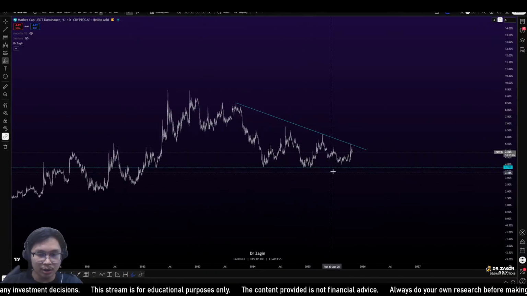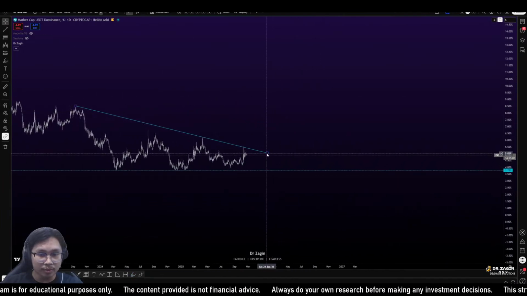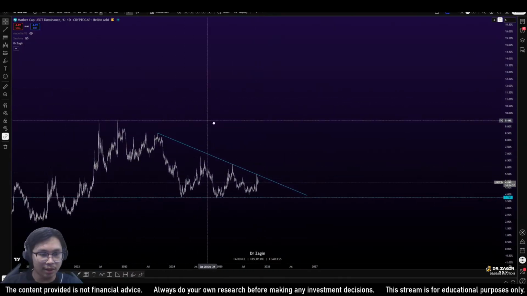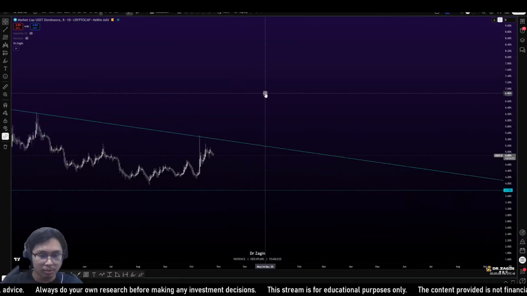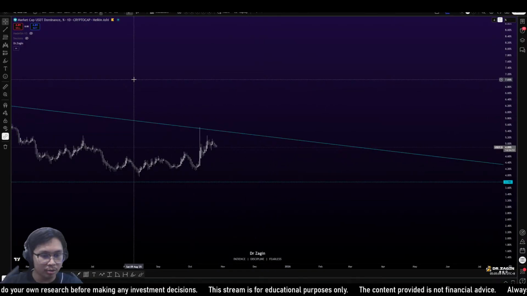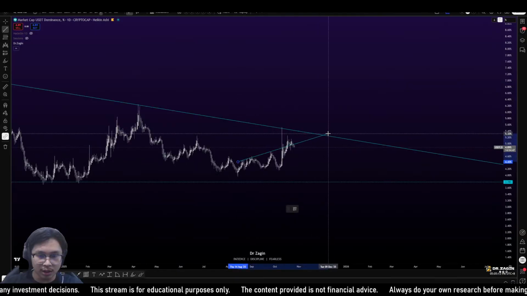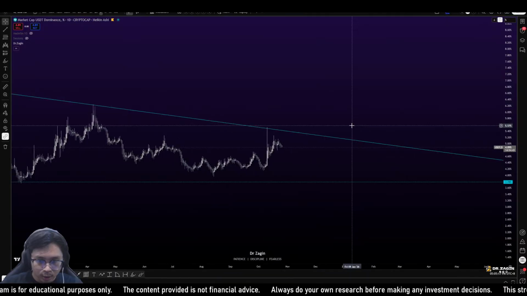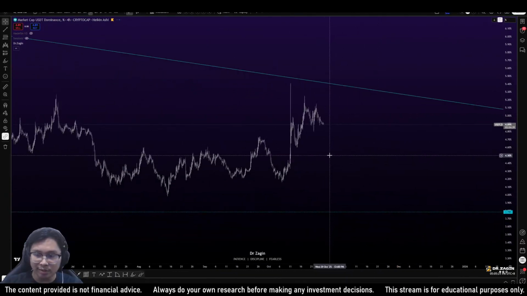So I will consider this as my key level support, while this one is my key level resistance. So based on the structure, let me check. No, that's not valid. So okay, let's go down to 4 hours time frame.